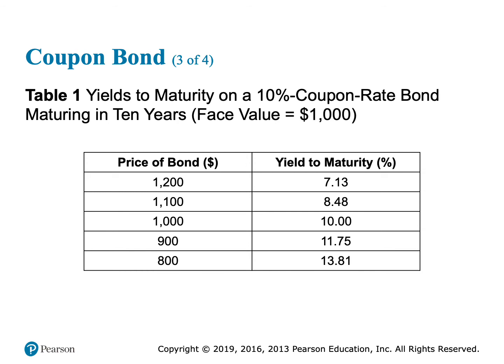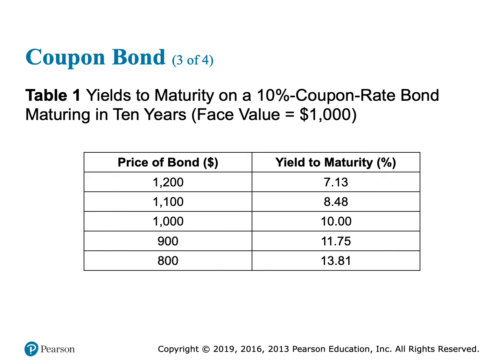So for yields to maturity here, we know our coupon rate, we know our face value, and we know our N is equal to 10 years. We're going to go ahead and assert that we know the price of the bond, and the price of the bond will be listed in our first column: $1,200 for the purchase of this IOU, $1,100 for the price of this coupon bond, and so on and so forth.